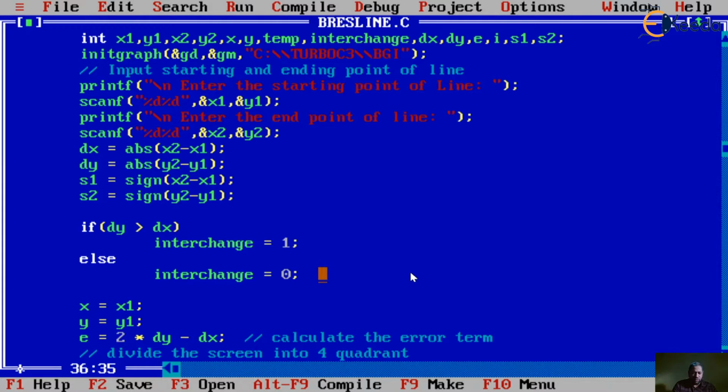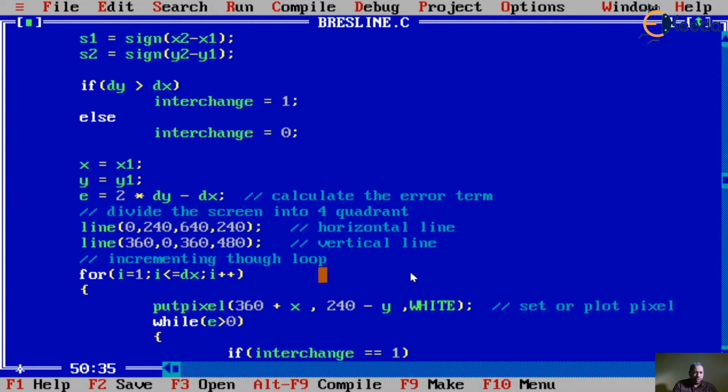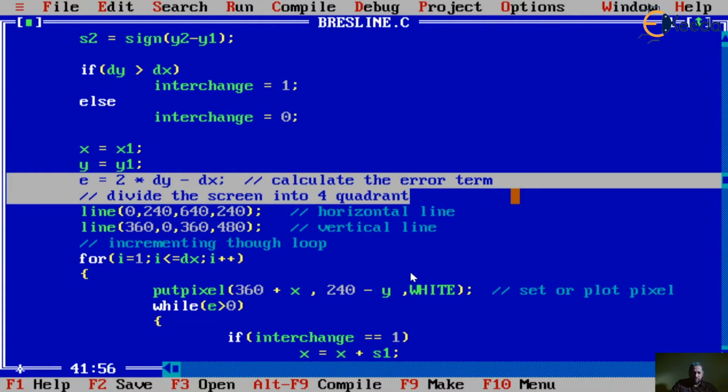So that we have done here. Now I consider x is equal to x1, y is equal to y1, the initial values. Here the error term E is calculated, equal to 2 into dy minus dx.